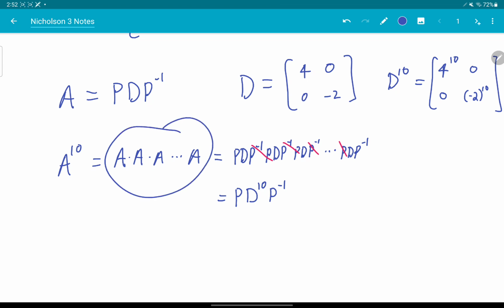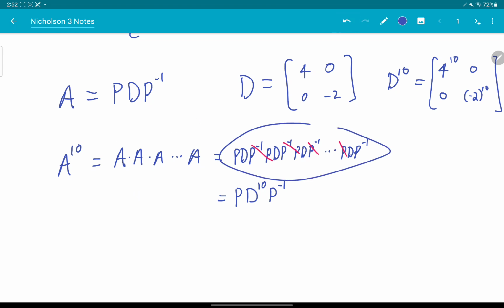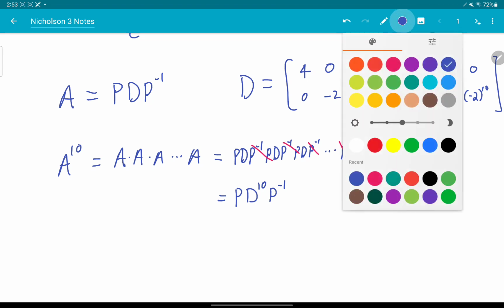Okay, doing this directly, nightmare. But if I have this factorization here, then this is much simpler. I just go D to the power of 10, and then P and P inverse on the edges. Not a big deal. Okay, so that's what we're going to try to do. This is going to be a process called diagonalization.